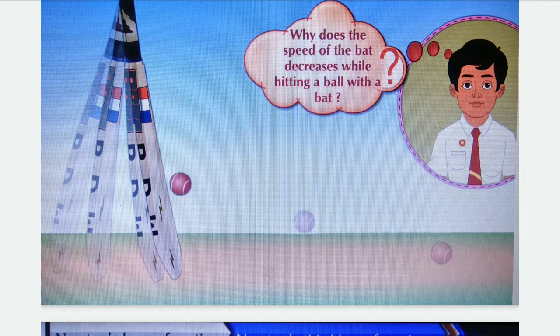There are action and reaction forces acting simultaneously on each other, the bat and the ball. When the bat applies the action force on the ball, the reaction is that the ball is thrown away. The speed of the bat decreases while hitting the ball.